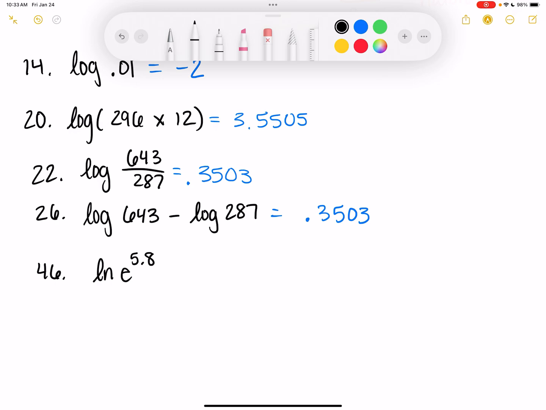And then, let's see, 54, the ln of 0.0077. And then, last one, 60, ln of 33 plus the ln of 568.